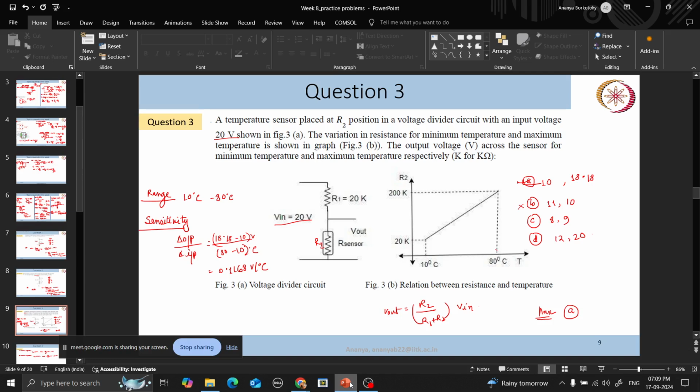Inside of it, the change is in resistance, but we apply input voltage V in so that we can operate the sensor, because we have to apply some power, some energy, so that the sensor will operate, and we take output as a voltage output. I hope it is clear.